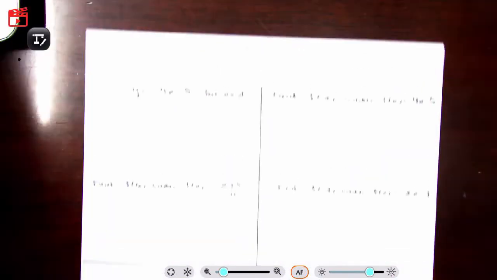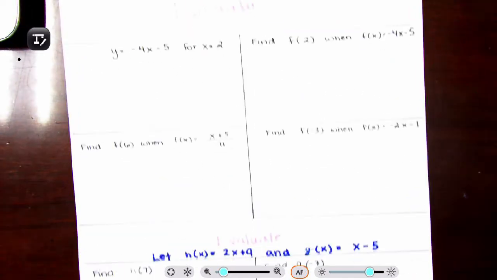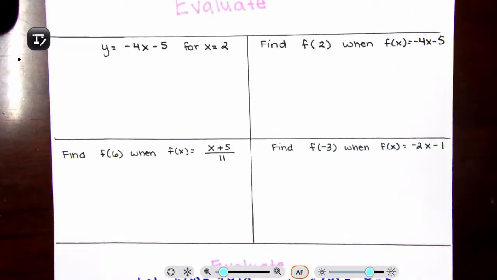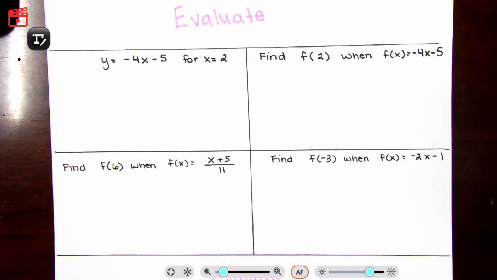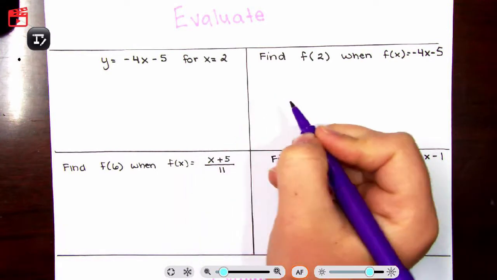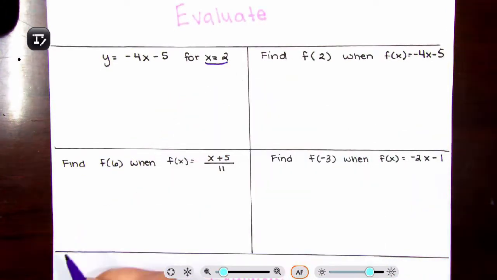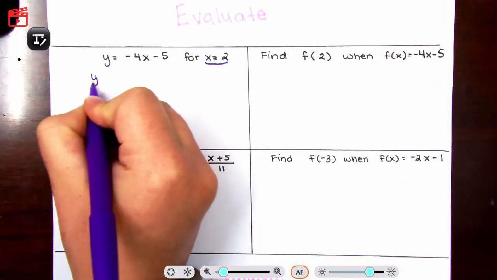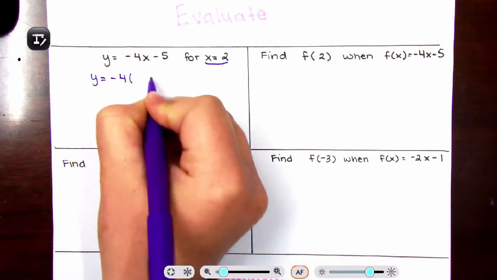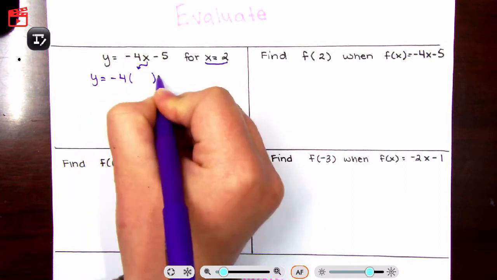Let's evaluate. Let me zoom in just a little bit. When you are writing function notation, you are using that value. For example, x is 2. So when you are solving, you're going to rewrite this and put a bubble where you see x.